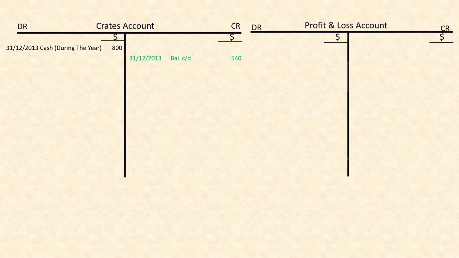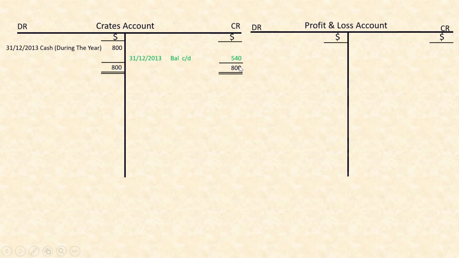Under the T account, we have these symbols where we record our totals. So we have the 800 there. We also have 800 there. We take 800, and you add nothing to it to give you 800, which means this side is balanced.